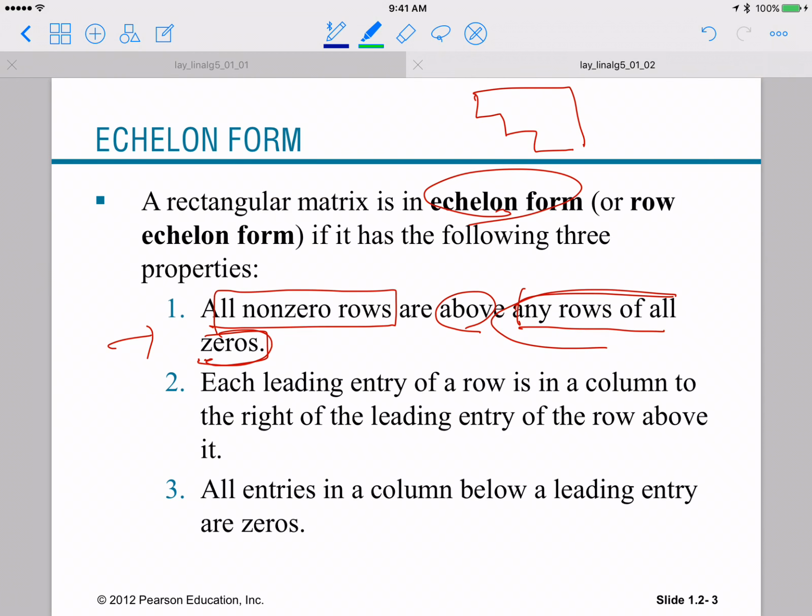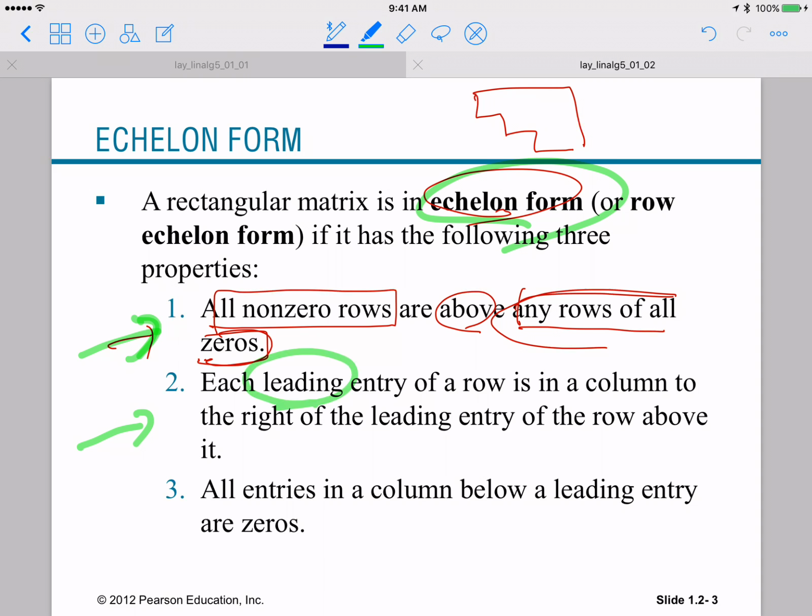So the first condition is like that: if we see all 0 rows, we can simply move them to the bottom part. At least this is one condition that we have to check, whether our matrix has a staircase form or echelon form. Now let's move on to the second one.